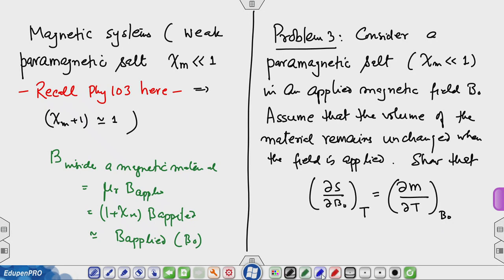And in the process, we will also derive some other Maxwell relations. So, let us solve this problem.